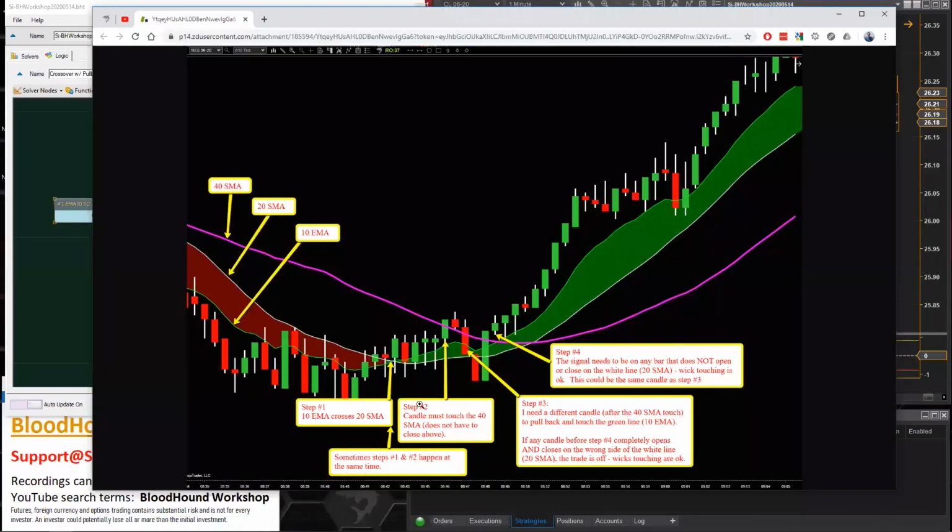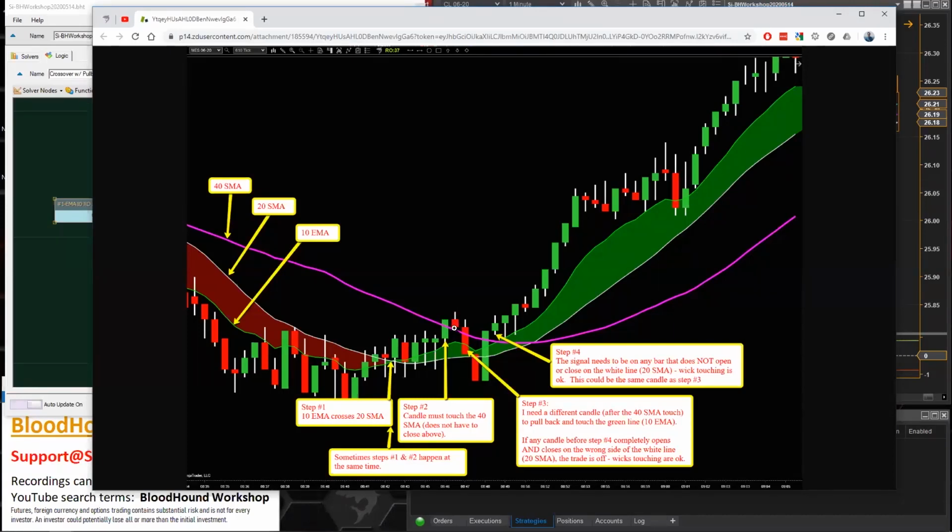All right, step two, or rule number two: the candle must touch the 40 SMA. It doesn't have to close above it, it just needs to touch it. So what is touching something? Basically that's using the high of the bar, whether the high is the close of the bar or just the high wick of the bar.